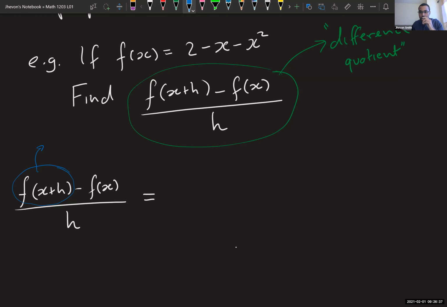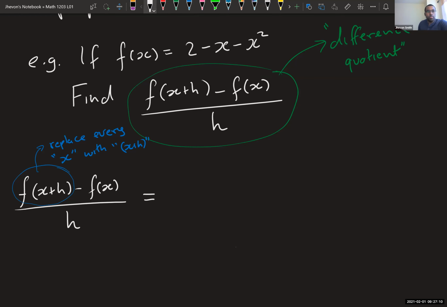So someone put in the chat, and that's pretty correct, except I would caution you here, you do need the parentheses. So be careful with that. So Ying Hui in the chat. Basically what it means is replace every x with x plus h, but put it in parentheses because that's going to be important.